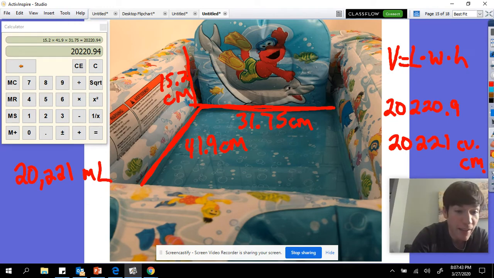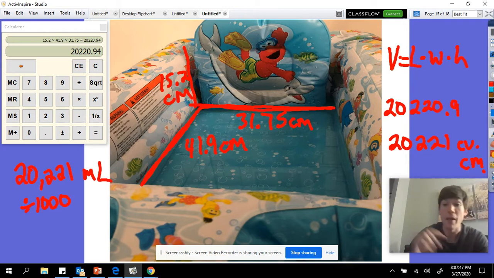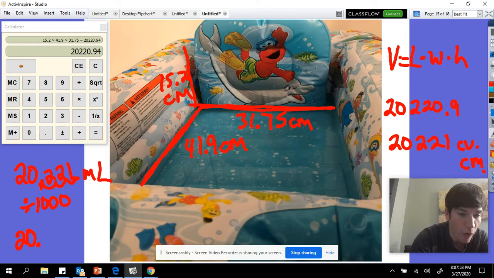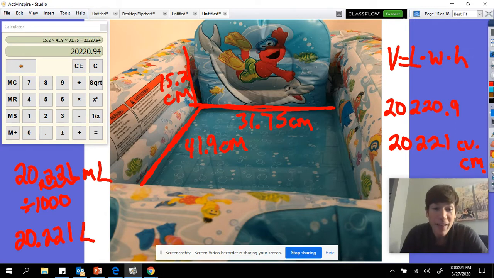So if we just take this number and divide by 1,000, that means moving the decimal back three times, like dividing by 10 three times. So put a decimal here, one, two, three. It would be just over 20 liters. So either 20,221 milliliters or just over 20 liters.